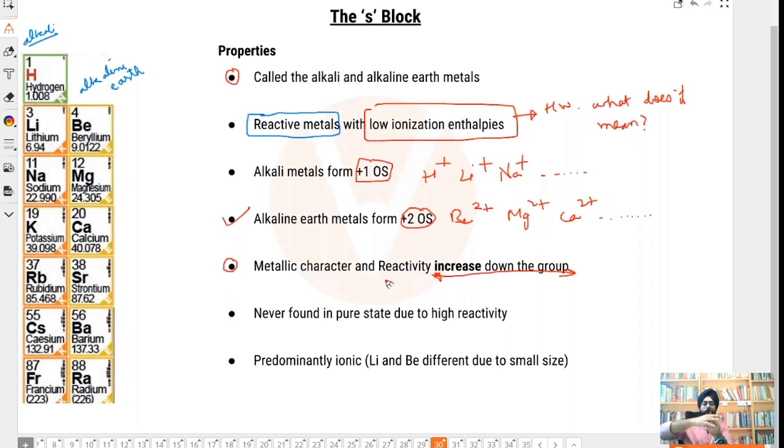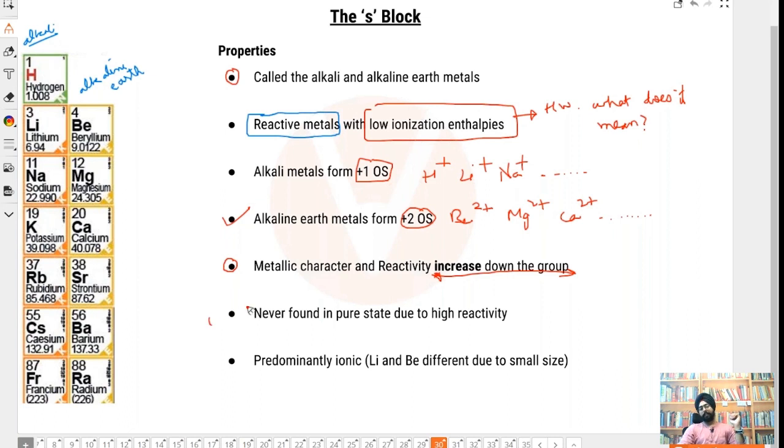Since you are going further from the nucleus, the attraction of the nucleus on the last electron becomes very weak, because you are going out into the outer shells. So the last electron is loosely bound in bigger atoms, and that is why their ionization enthalpy is lesser. It is easier for them to lose an electron, and that is why their metallic character increases.